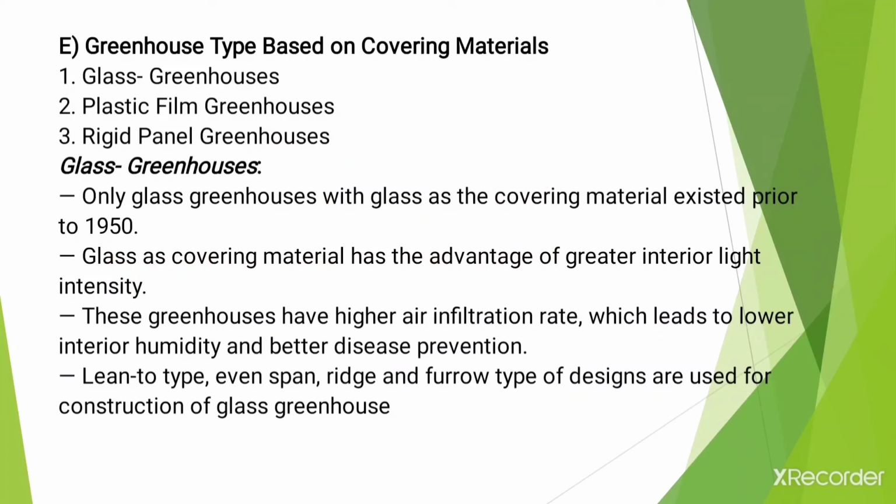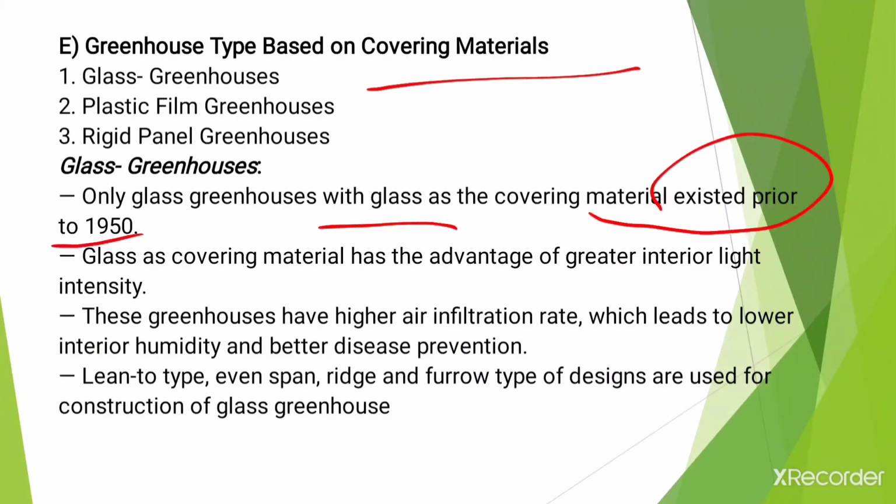Now the next type of greenhouse is the greenhouse type based on covering materials. Again there are three subclasses: glass greenhouse, plastic film greenhouse, and rigid panel greenhouse. In glass greenhouses, only greenhouses with glass as the covering material existed prior to 1950.